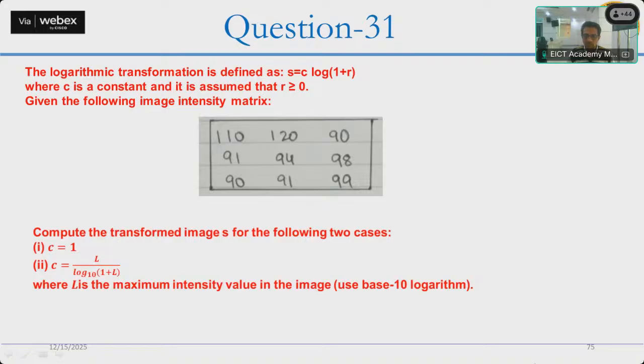MATLAB or Python, both can be used. Then you will really enjoy these operations, for example when you use your mobile and different filters are there. When you scan the image, it gives you the original option.